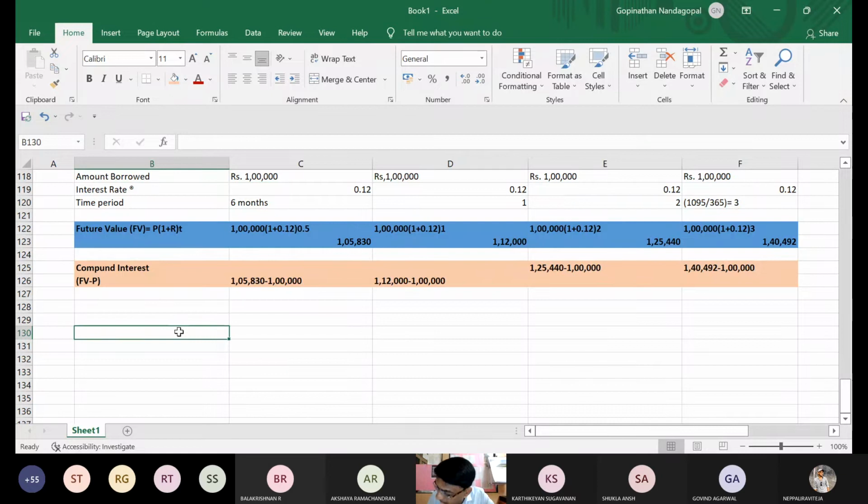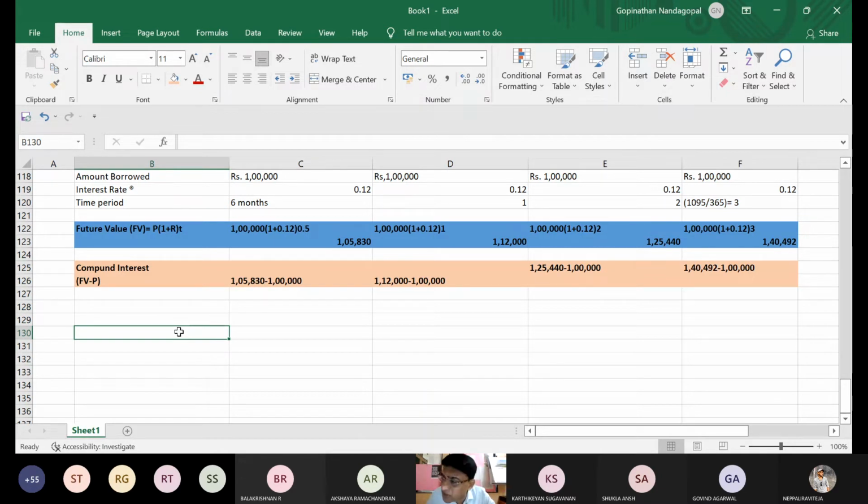Are you clear? Sir, the 1 year, 6 months, those are all the time, no, sir. Yeah, the compounding is like how I said in the previous class, number of years compounded. Got it? Yes, sir.